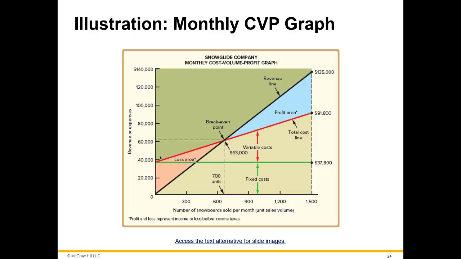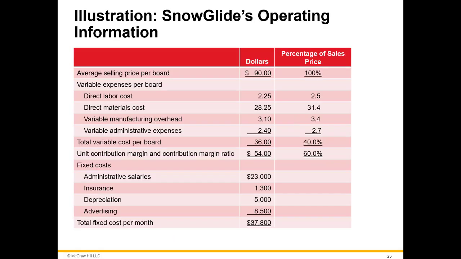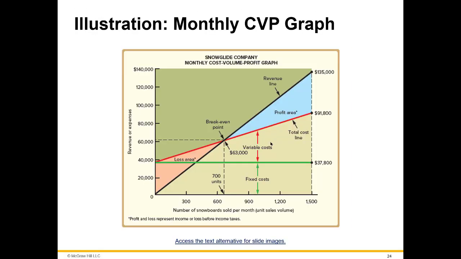Okay. Now we have our variable costs, and our variable cost per unit is how much? We decide our variable cost per unit is $36. And so this is going to increase at $36 per snowboard sold. Okay, so let's look real quick. Where's the break-even point? Where does this total cost line? So remember, this is variable costs plus fixed costs.